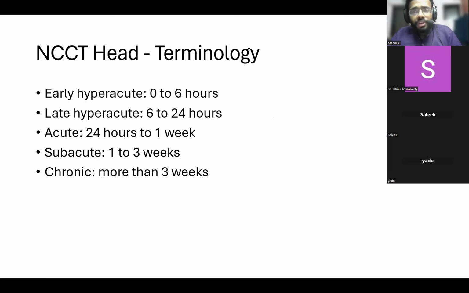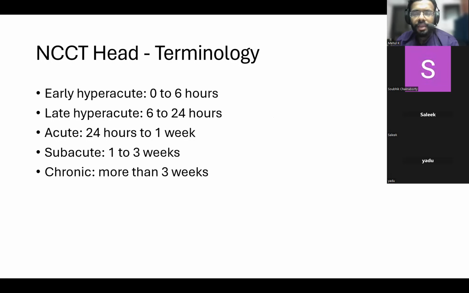So there are some terminologies that are used to describe some of the signs with CT head, and a lot of this is variable. In general, hyperacute is reserved for findings within 24 hours. It is again divided into early hyperacute and late hyperacute. Early hyperacute is within 6 hours. Late hyperacute is 6 to 24 hours.